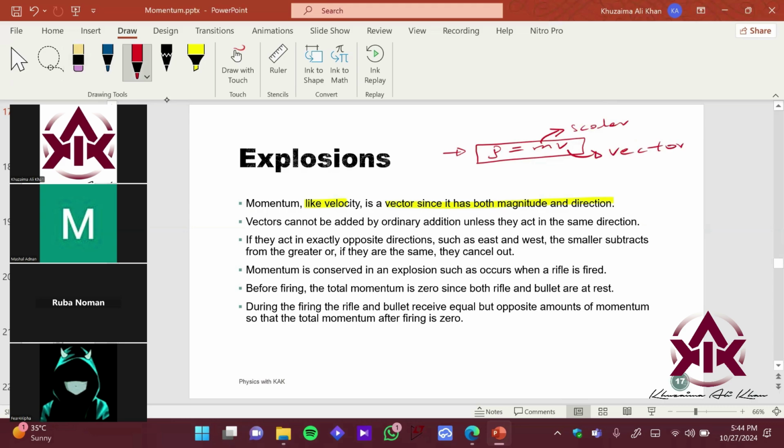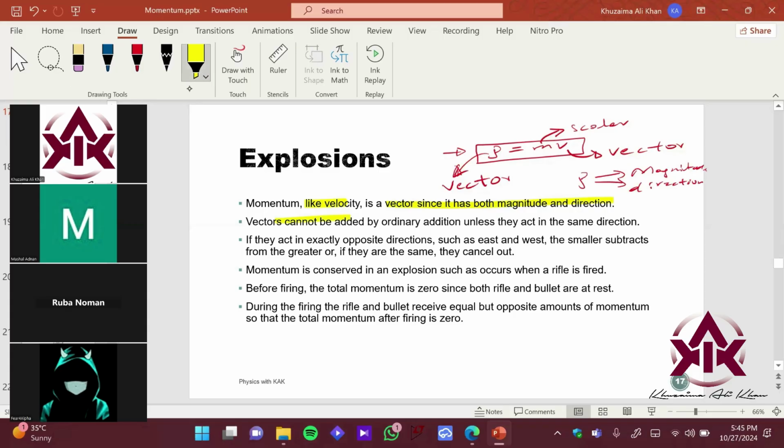If any quantity in your formula is a vector, then the quantity we are finding also becomes a vector quantity. So momentum also has two things: it has magnitude and it has direction, right? This is pretty important.